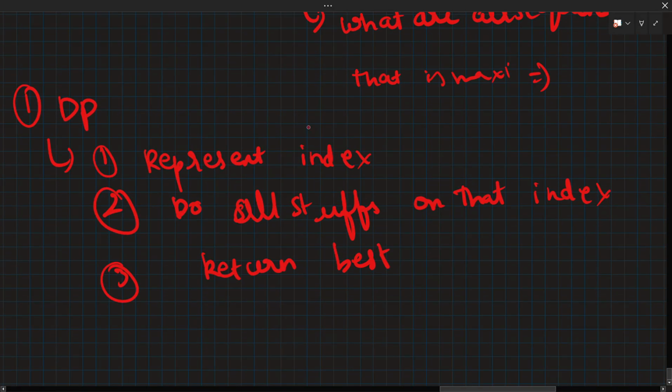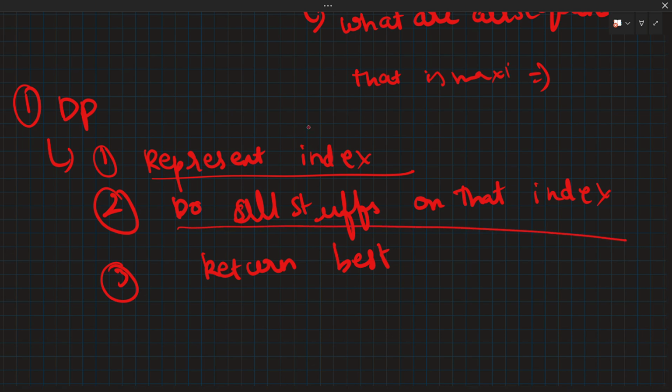First thing, represent in terms of index, do all the steps on the index, return the best. These are the ways to tackle a DP problem.